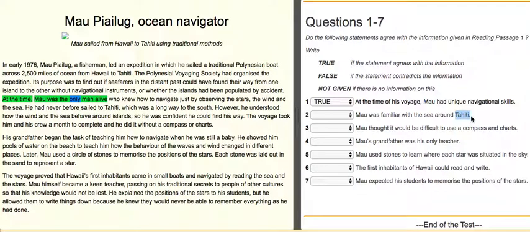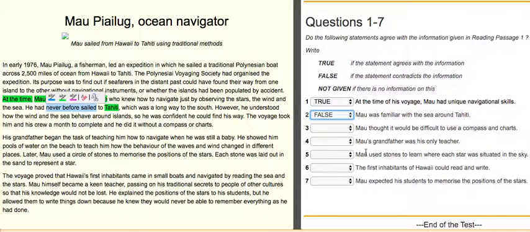Continue from where you left off. Here I have Tahiti right here. He had never before sailed to it, which means he cannot know the place clearly. So obviously this must be false.